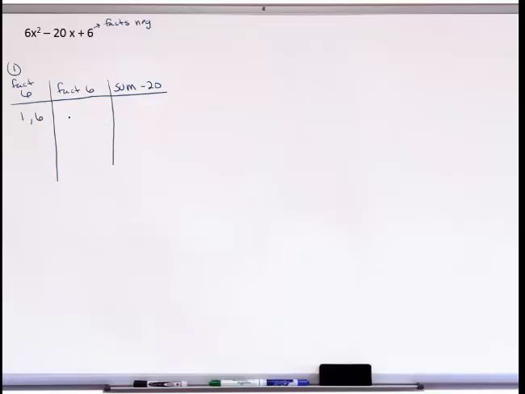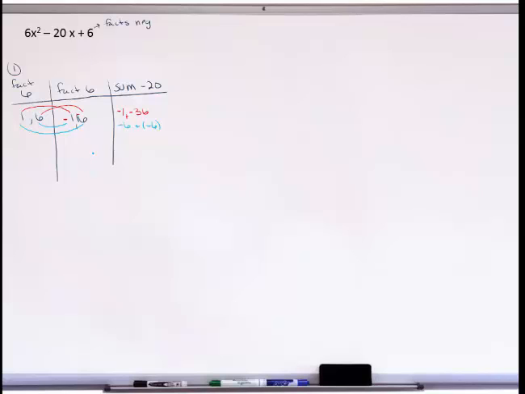So I'll start with 1 and 6. 1 and 1 is 1. 6 and 6 is 36. These should be negative. That is not negative 20. If I do 1 and negative 6 and negative 6 and 1, I get negative 6 plus negative 6. This is also not negative 20.